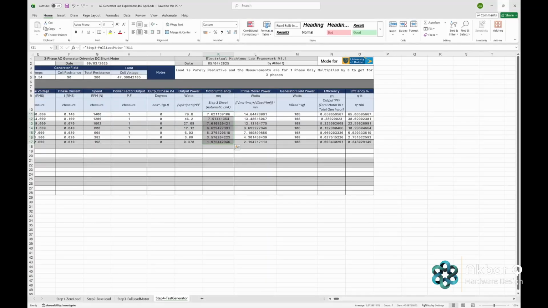So coming back to the Excel sheet, we can then use that to determine the prime mover power, basically how much power is being fed from the prime mover into the generator, and then we can take the generator field power, which is power being consumed by the generator on the field, and then we can calculate the efficiency finally using all of that.